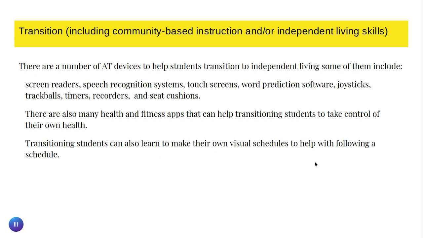So lastly, I want to talk about transition, including community-based instruction and independent living skills. There are a number of AT devices to help students transition to independent living. Some of these include things like speed readers, speech recognition systems, touch screens, word prediction software, joysticks, trackballs, timers, recorders, and seat cushions.